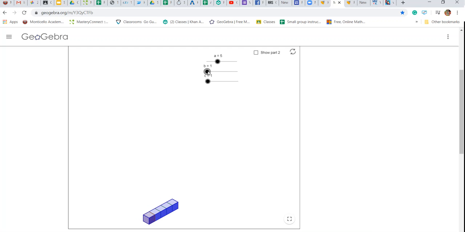It's going to put another row of 5, right? So now my base area is 5 multiplied by 2, which is 10. But I think I'm going to have my base area be 15. So I take the width to 3. And I want kind of a tall box here.